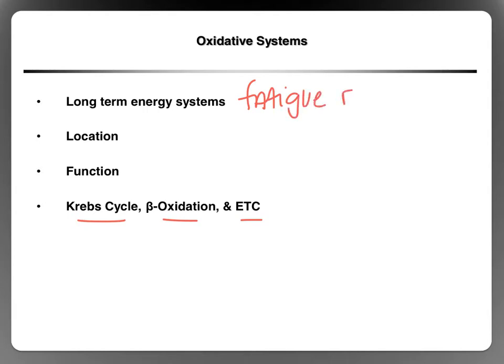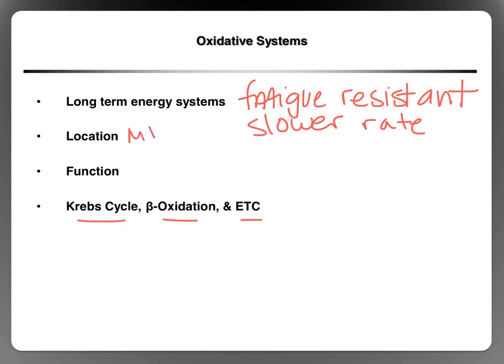Okay, they can produce ATP for a long period of time before they fatigue, but they produce ATP at a slower rate than the anaerobic systems, which are not fatigue resistant. The oxidative systems go on within the mitochondria of our cells. Remember, the anaerobic systems are in the cytoplasm.